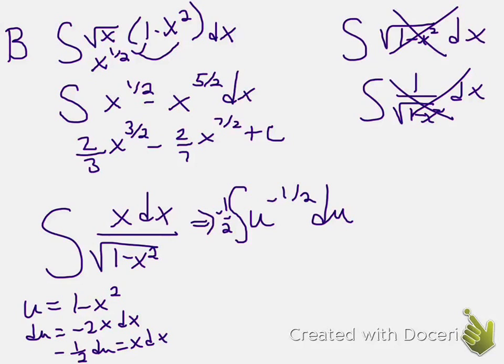So now I integrate, and I end up with negative 1/2 times 2 u to the 1/2 plus c. This will make negative 1. So it's going to be negative. I'm going to rewrite this in radical form. So it's the opposite of the square root of 1 minus x squared plus c.